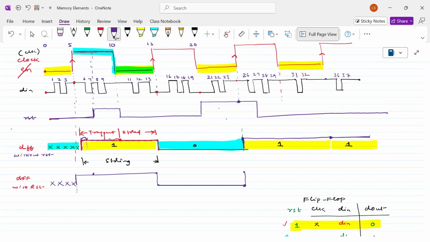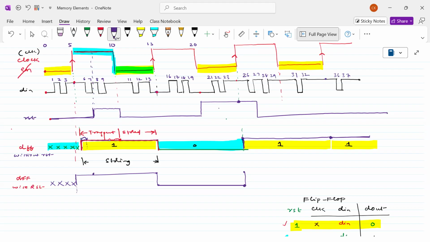That means now it has an impact of making it 0. It's not necessary that the edge of the RST is available at the edge of the clock. But what is required is that at the positive edge of the clock, if the RST is available, then it has an impact.